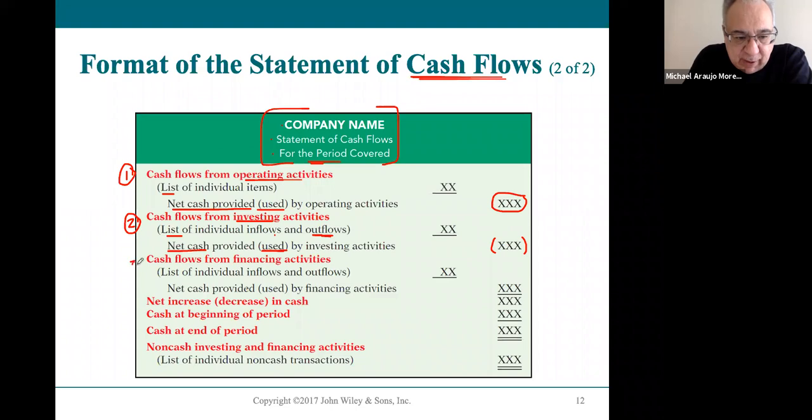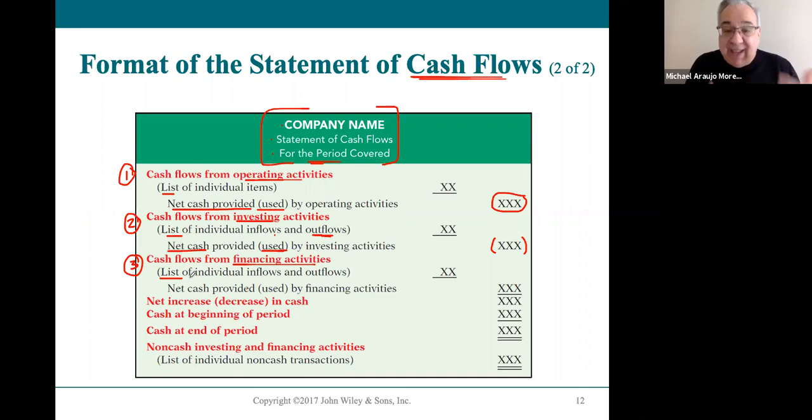The third part is the financing activities. Again, this can go either way. So the list of financing activities might be, they might have issued stock, they might have issued bonds. So if they have to sell stock or sell bonds, that's more cash coming in because that raises cash for the company. But every time they pay debt down, that uses cash.